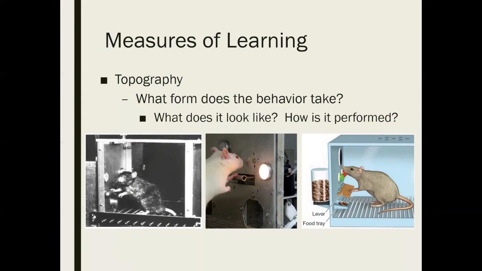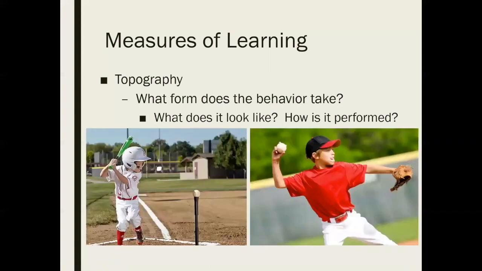And the topography of a behavior often does change as a result of learning. So, for example, when my son was first learning to play baseball, I was mostly interested in seeing that learning unfold as a change in topography. So, I wanted to see him making a nice level swing, regardless of whether he hit the ball or not.